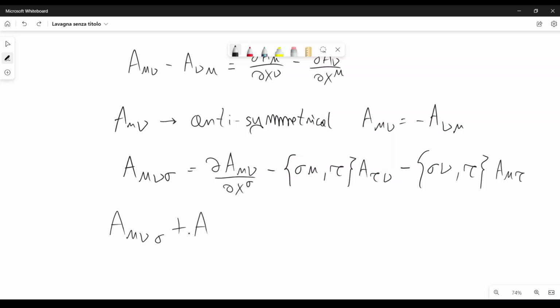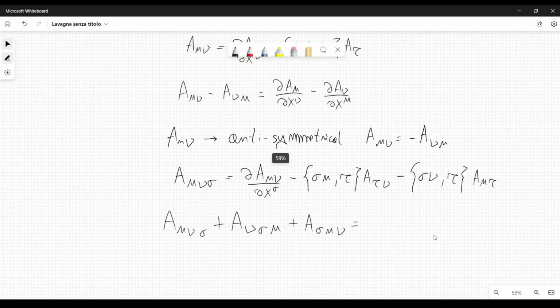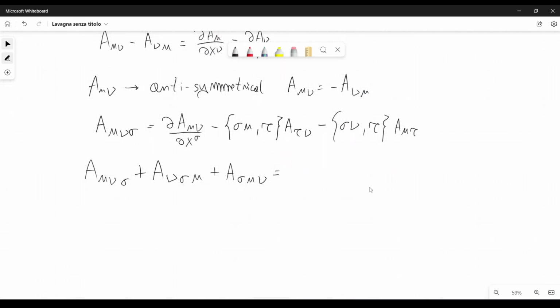So we are going to move the indices from the right to the left. So I'm going to have here A_{νσμ}, plus I'm going to do another shift from the right to the left, so I get A_{σμν}. And now we just have to do some substitutions.